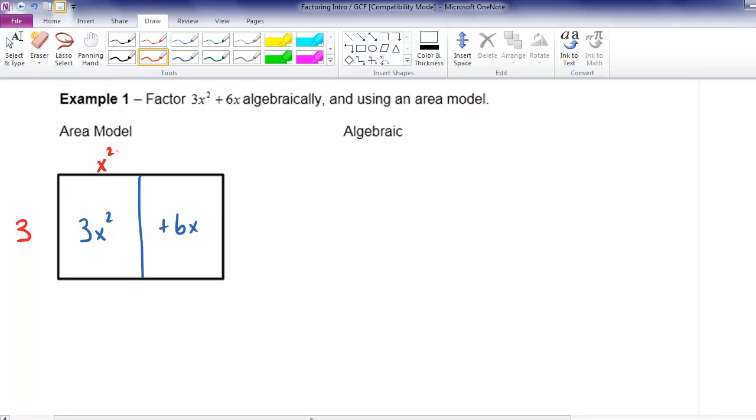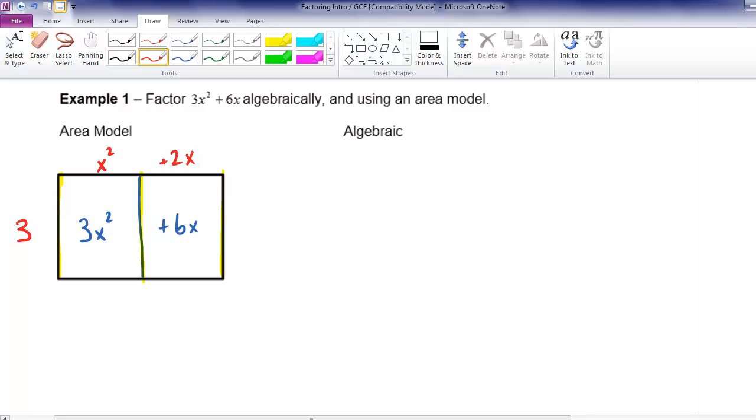As well, the vertical part right here is exactly the same as this one right here and as this one right here. So when I look at my next rectangular piece to the right, the dimension has to be the same. So how many times does 3 go into 6? Well, 3 goes into the 6 2 times, and I have to have an x as well. And there's my dimension right there. So I'm either doing a little multiplication in my head, or you're doing a division.